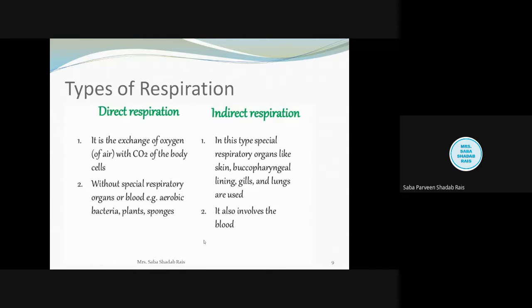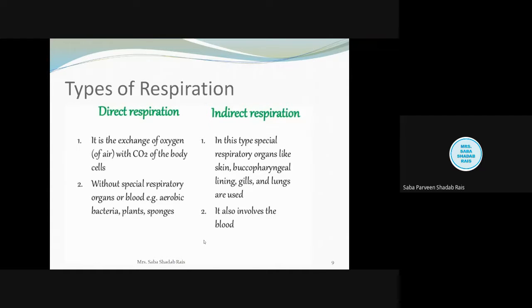This point is important to remember. In indirect respiration, we need to remember they require respiratory surfaces as well as blood. Next, we will discuss in detail the respiratory surface.